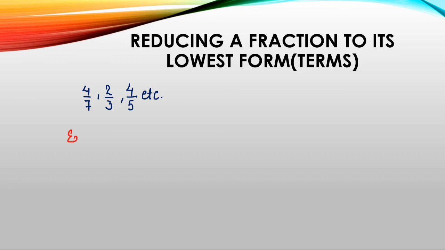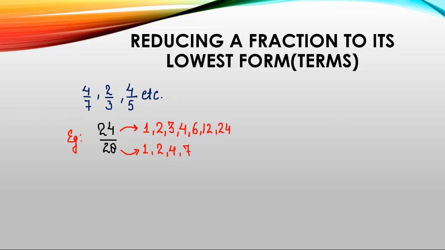Let's take an example. Suppose the given fraction is 24 upon 28. The factors of 24 are 1, 2, 3, 4, 6, 12 and 24. And the factors of 28 are 1, 2, 4, 7, 14 and 28.